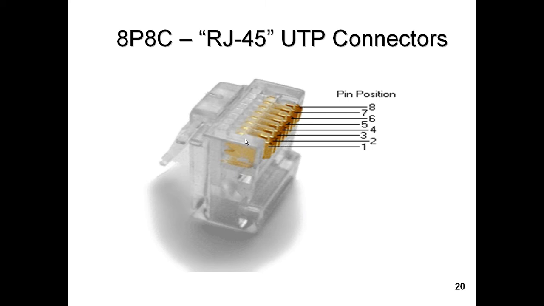Okay, so here you see our typical RJ45 UTP connector. The technical name for it is the 8P8C, but everybody calls it an RJ45 jack. And here are the pin positions. It's pretty straightforward stuff. And the one that I like is called the EZ RJ45.